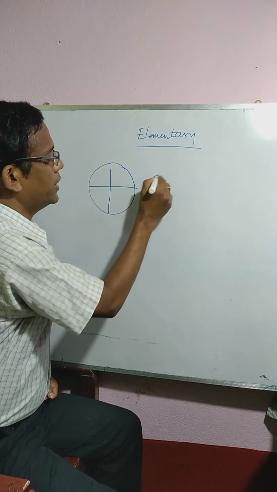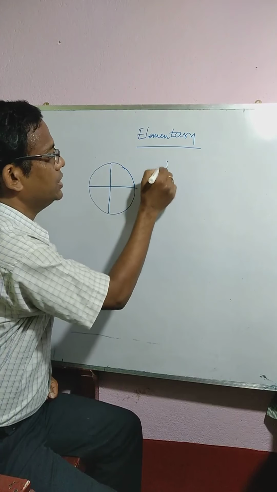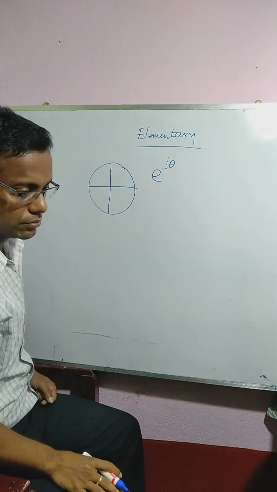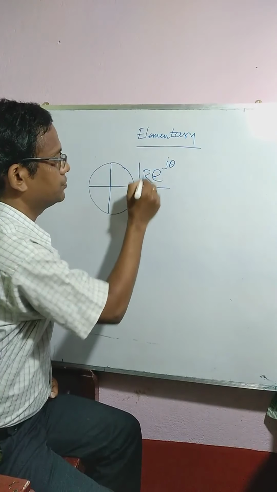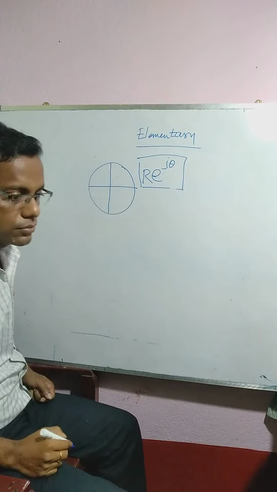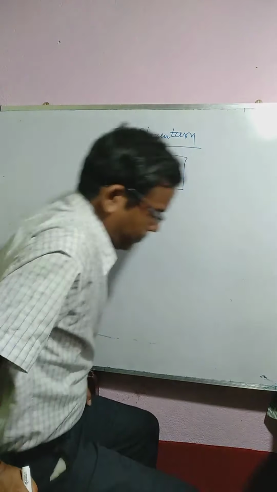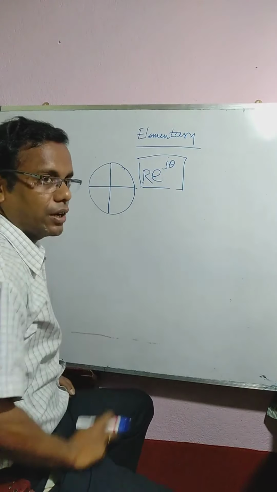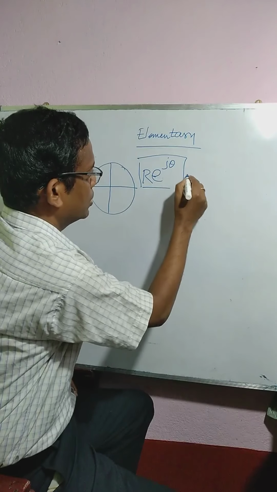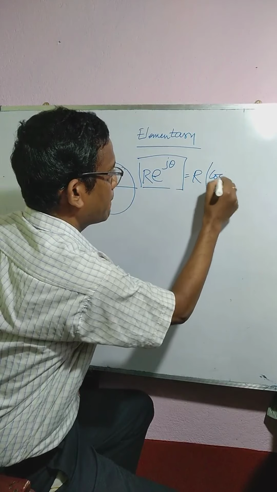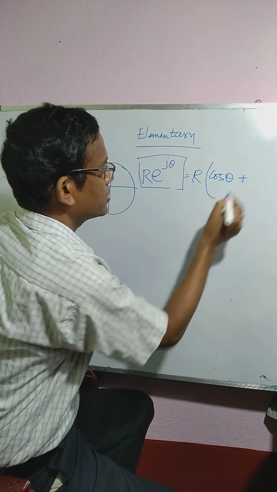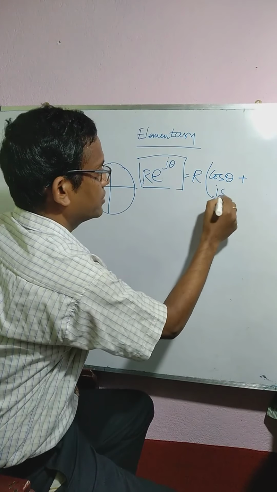Say an exponential is of the form r into e to the power j theta. From Euler's theorem, we know e to the power j theta is nothing but cos theta plus j sin theta.